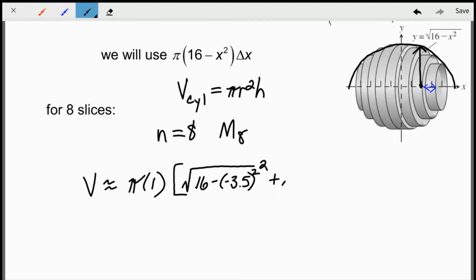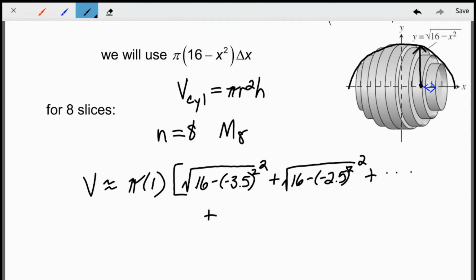Then the next subinterval goes from -3 to -2, so the midpoint's at -2.5. So it'd be 16 minus -2.5 squared, and then that's a radius, so we're going to square it. And we would continue going through that process all the way through the slices that we have.